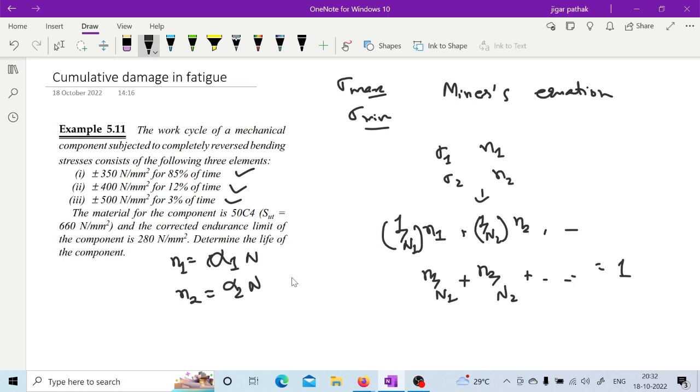If you replace this in the equation, your equation ends up as alpha 1 upon N1 plus alpha 2 upon N2 and so on, up to which it will give you 1, right?